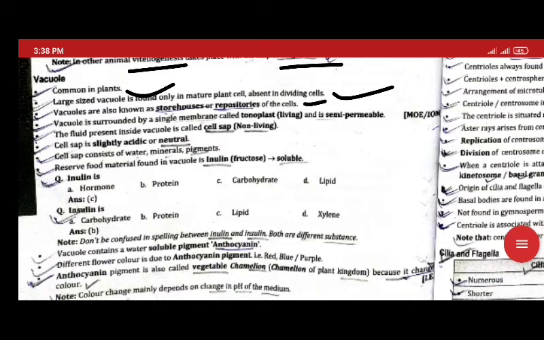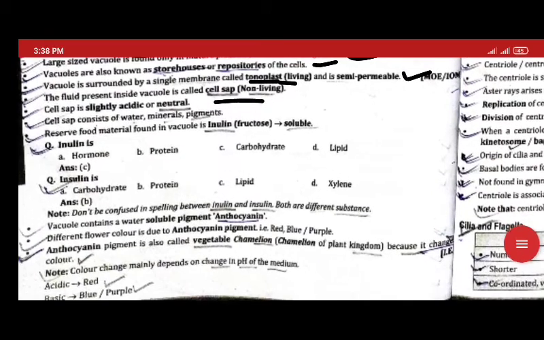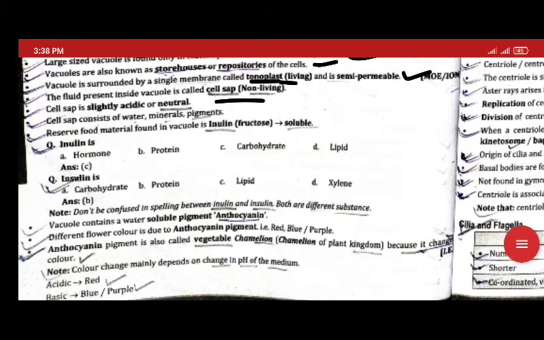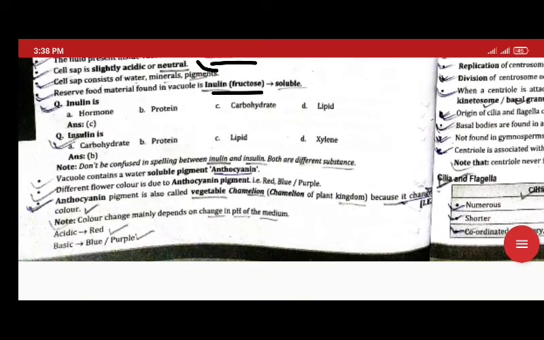Now vacuoles are in plant cells only, not in animal cells. They are the storehouse of the cell, and are also called tonoplast because of the single living layer. The fluid present inside is called cell sap, non-living, and is acidic or neutral, and the reserve material is inulin. Vacuoles contain the pigment anthocyanin, which is for color: red, blue, purple.